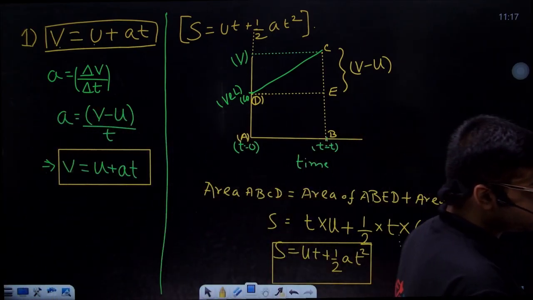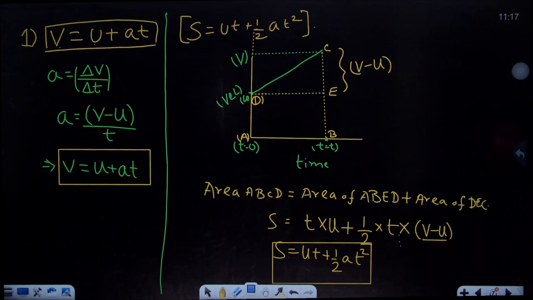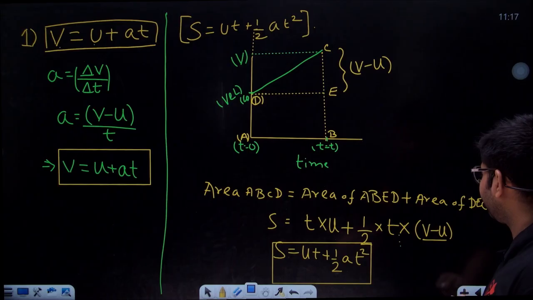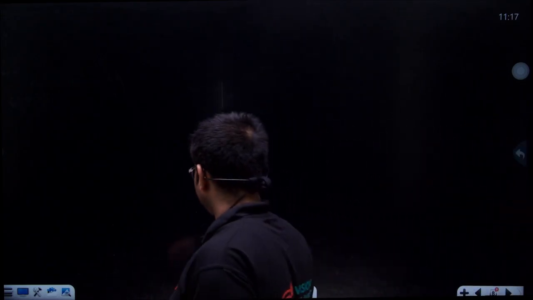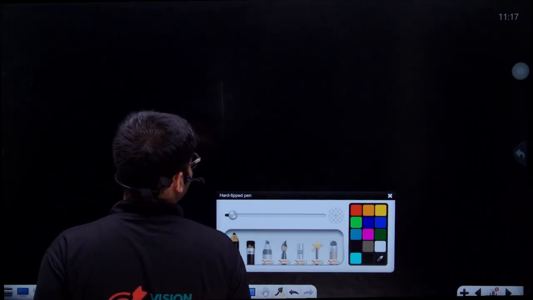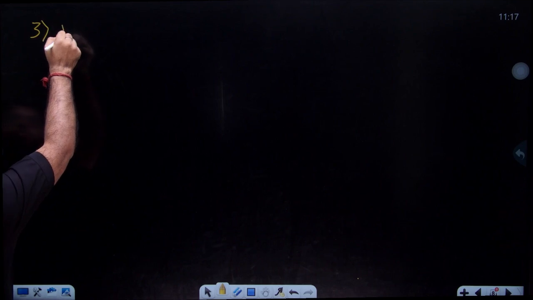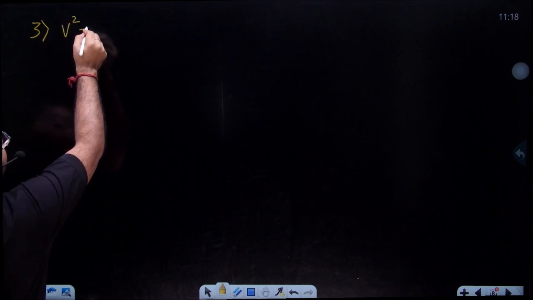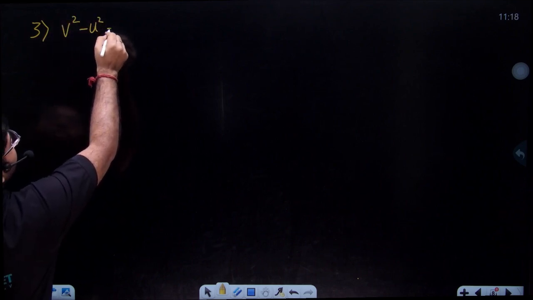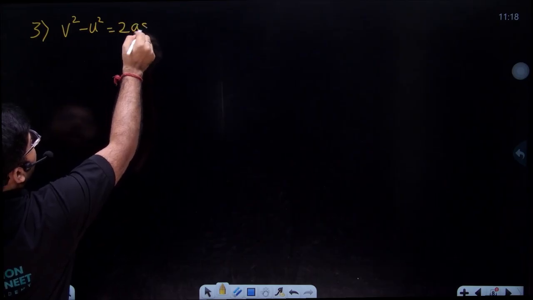So we have derived the second equation as well. Now let us see our third equation. Our third equation was V square minus U square is equal to 2AS.